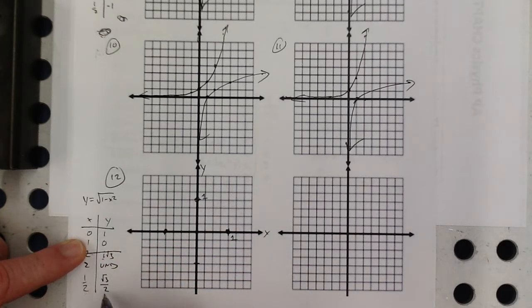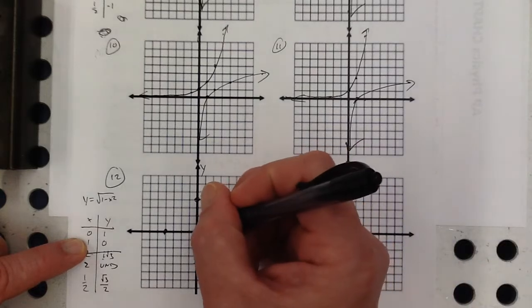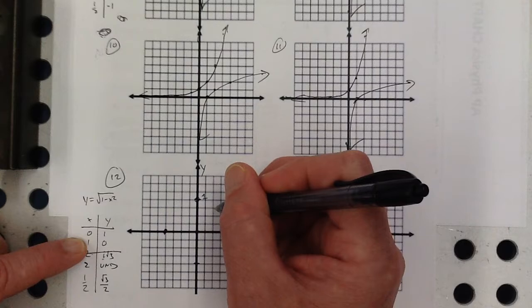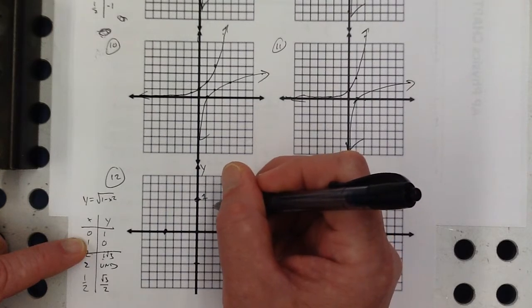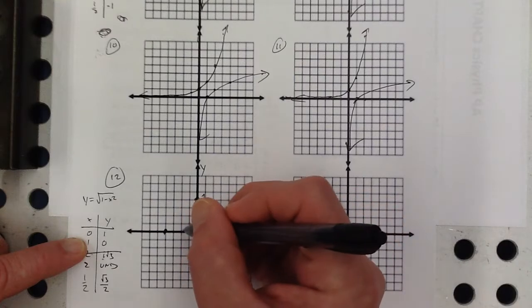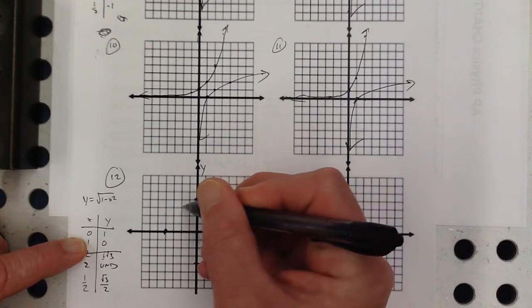So that's 1/2 comma square root of 3 over 2. That's somewhere around there. And if I plug in negative 1/2, the same thing happens because I'm squaring.